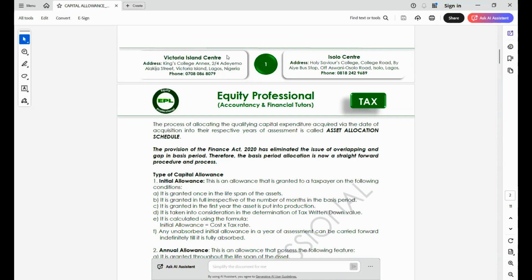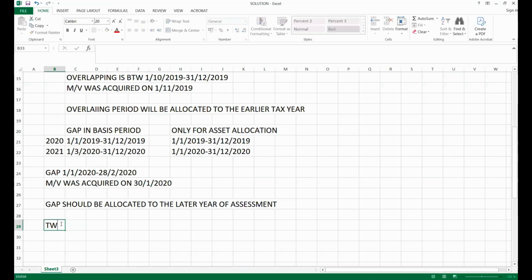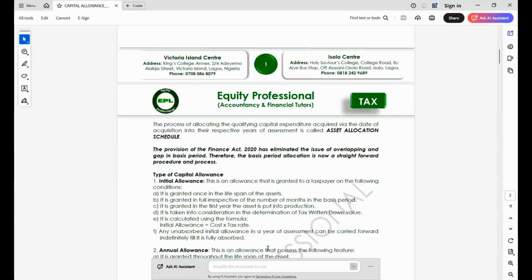So the tax written down value, TWDV, is equal to the cost of that asset minus the initial allowance you calculate. So this initial allowance, you are going to use it to get the tax written down value, that is the value of the asset after capital allowance has been claimed.